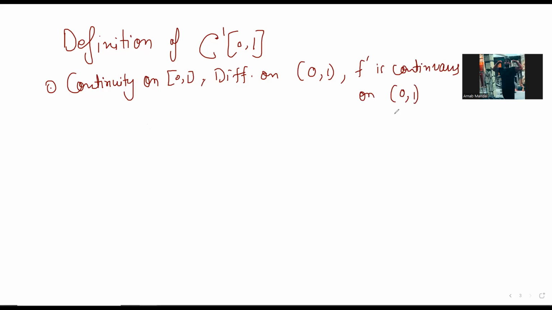But the question is, should we put in the definition that its derivative exists on the endpoints also? Because then it would be a one-sided derivative.